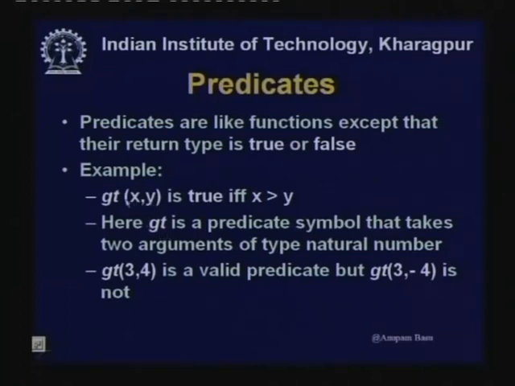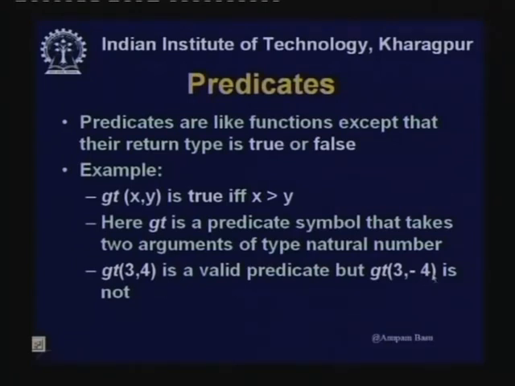So, here greater than is a predicate symbol that is taking two arguments of type natural number, but it is returning a value true or false. Greater than 3 4 is a valid predicate, but greater than 3 minus 4 is not a valid predicate. Why? Because greater than has been defined, suppose, to take two arguments of type natural number, and minus 4 is not a natural number.